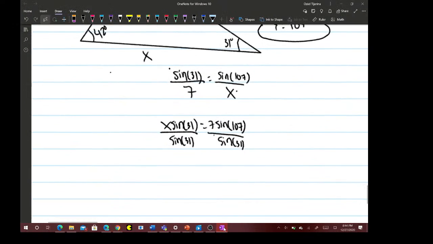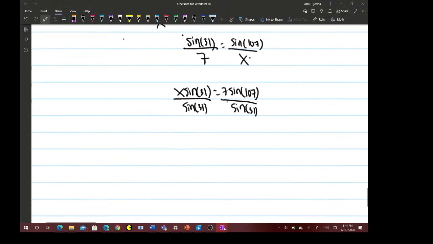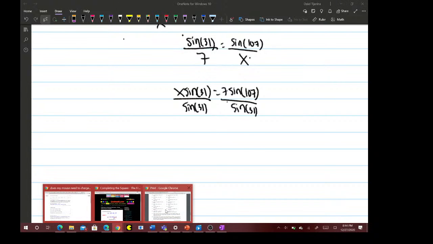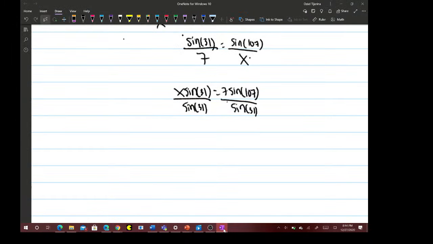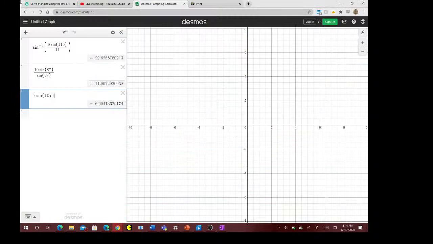So if we enter this in our calculator, say 7 sine of 107 over sine of 31.